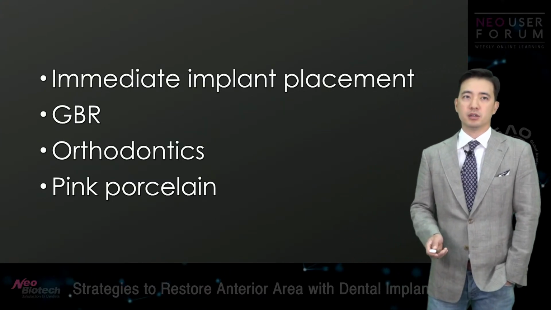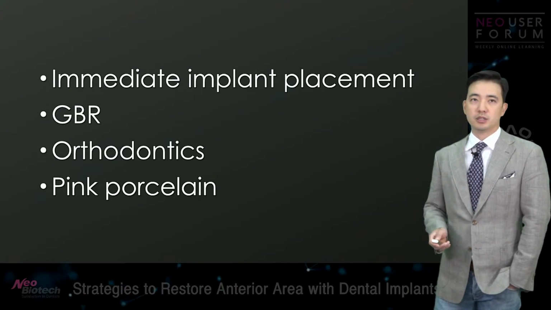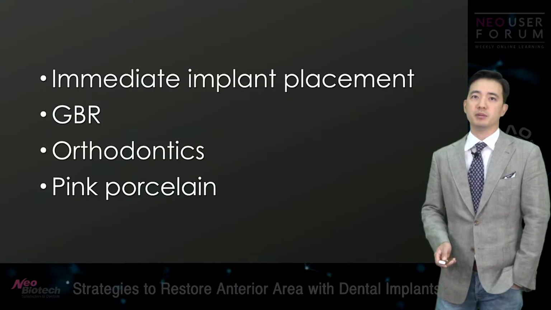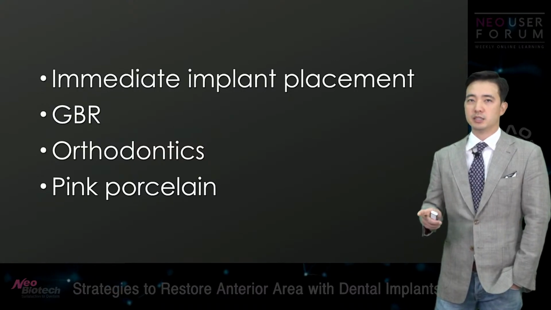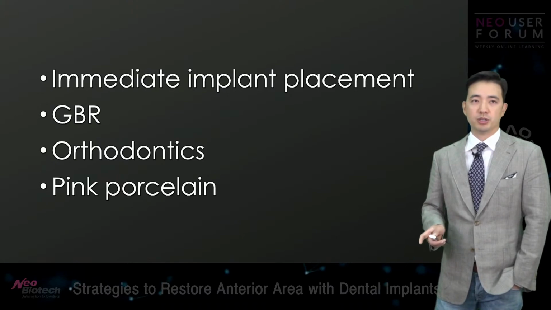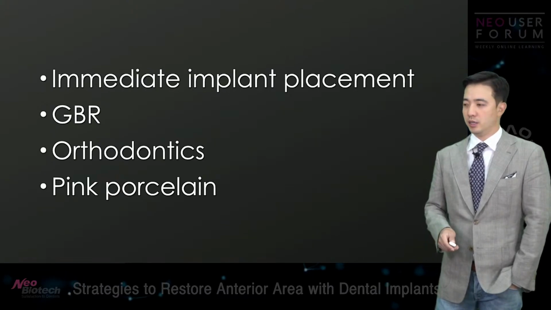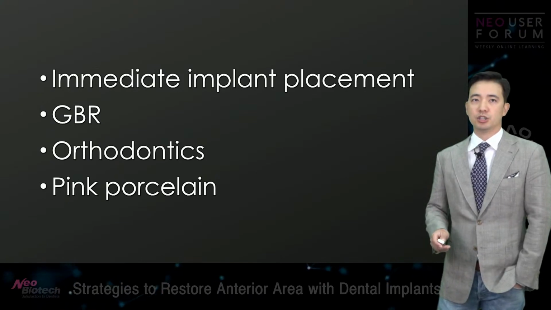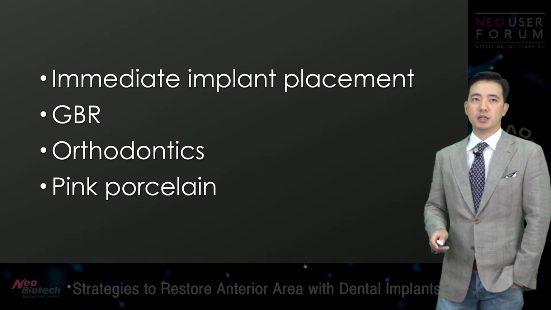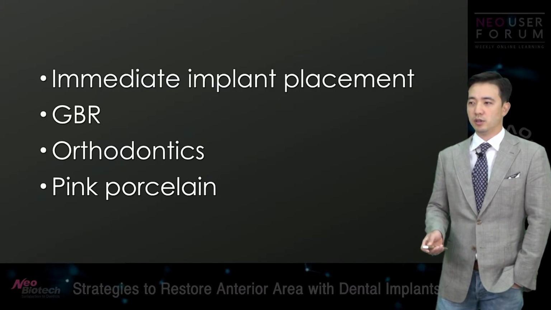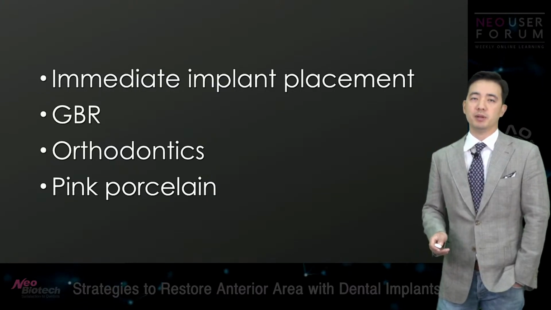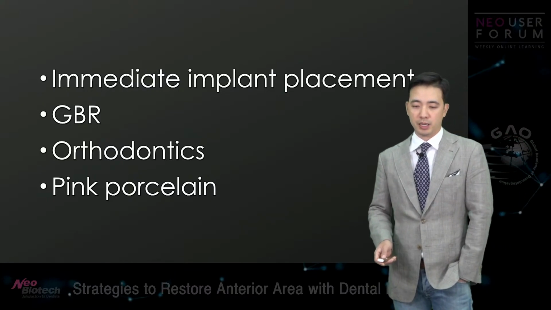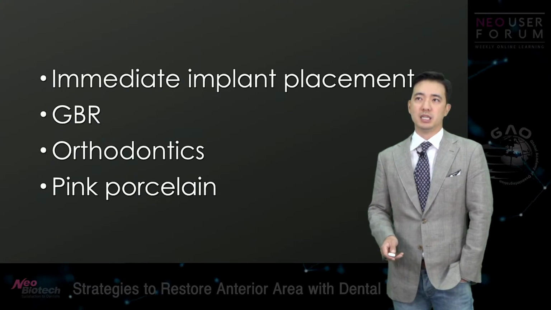Just like we talked about last time, we can always consider immediate implant placement to minimize bone resorption or soft tissue recession. But it's not always possible, because even if you want to place an immediate implant, a lot of times patients don't have bone and you end up needing GBRs.